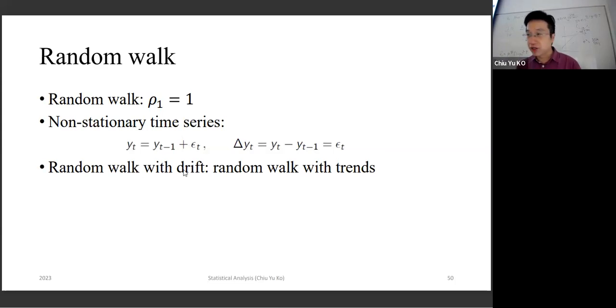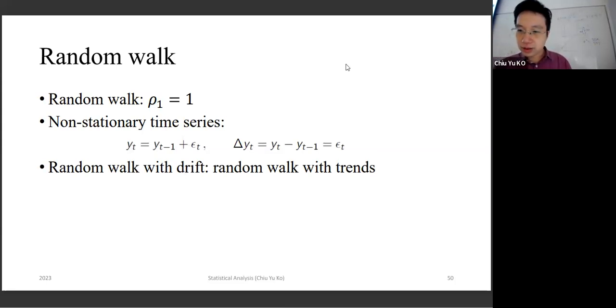What is random walk with drift? You can imagine that I am on a train, the train is moving, and I am drunk. I am moving and drunk at the same time. Basically it is like the following.